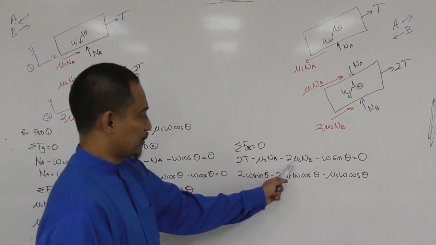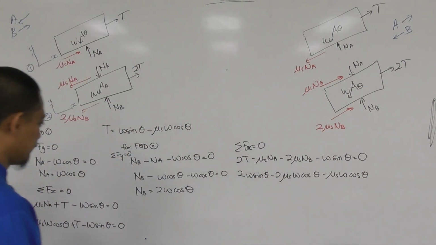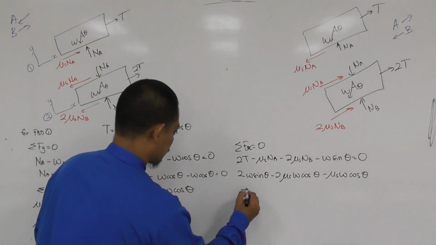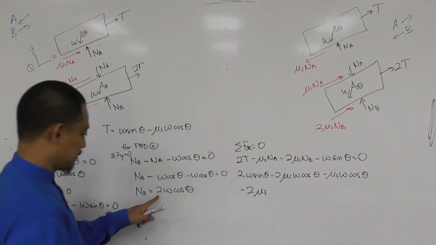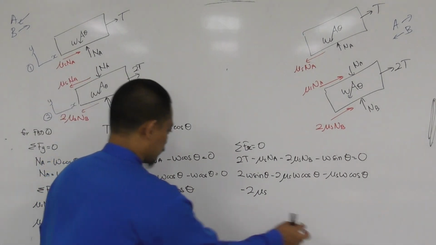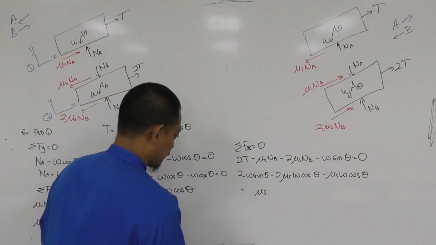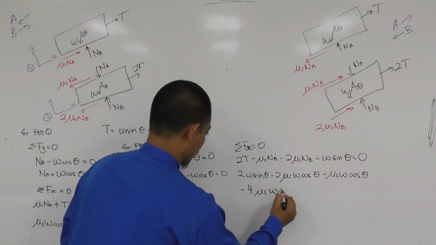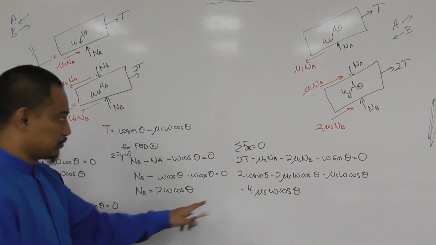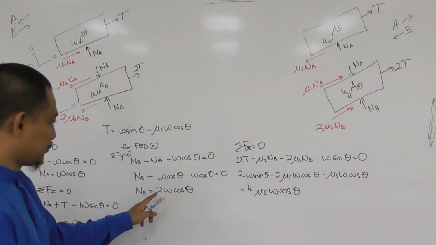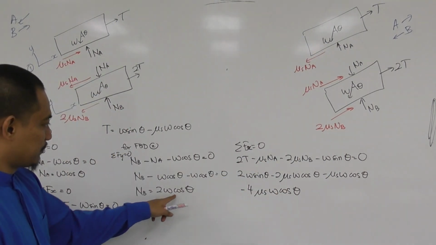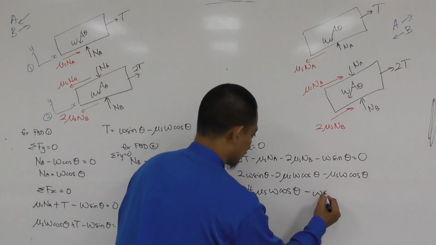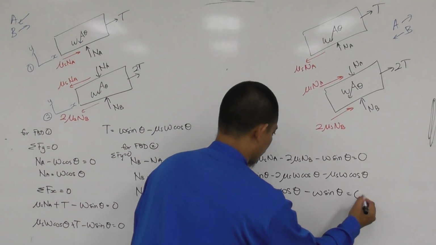And then minus mu s NB, and NB is already here, right? 2, so minus 2 mu s NB is times 2, so times 2 here becomes 4, and then W cos theta, right? So 2 mu s times 2 W cos theta becomes 4 mu s W cos theta, and then here minus W sin theta equal to 0.